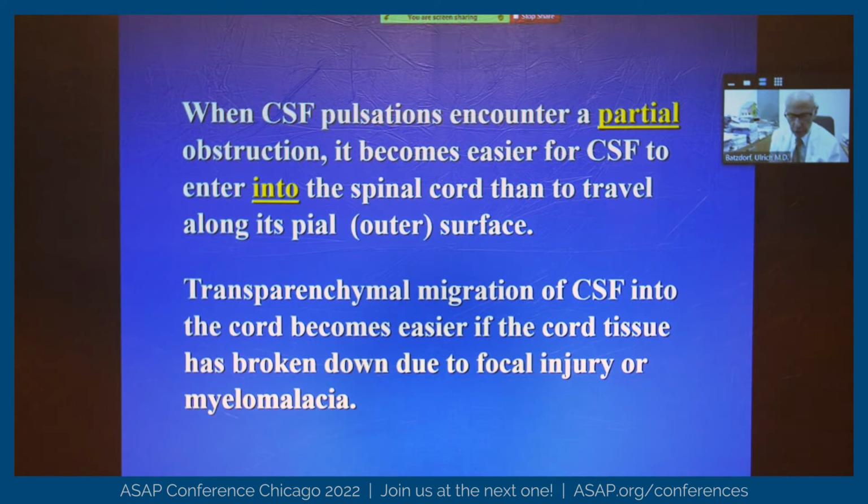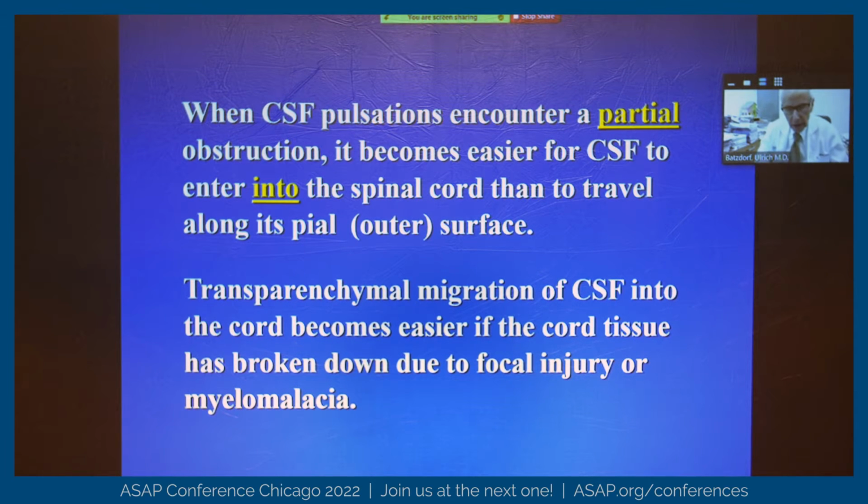When the spinal fluid normally goes up and down, once the heart relaxes, the fluid goes back up and it circulates and is replaced in all of us all the time. But when the spinal fluid pulsations encounter a partial obstruction to its flow along the spine, it acts as if it becomes easier for the spinal fluid to enter into the spinal cord itself than to travel along its outer or pial surface.